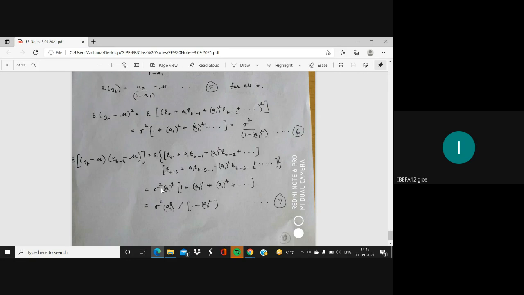Is this time series covariance stationary? Here, if you take expectation of Yt minus mu and Yt minus s minus mu, you're finding out the covariance between Yt and Yt minus s. Now if you simplify and find out what the value of this expression is, you'll end up with this term.